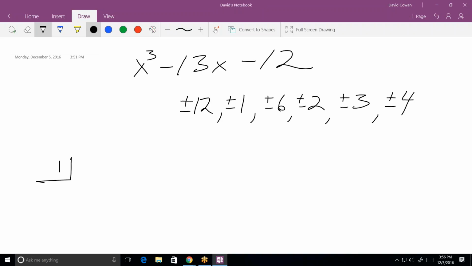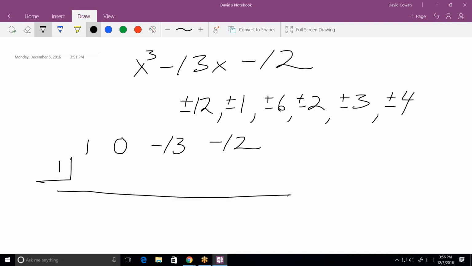The top has the coefficients, but you have to allow for every degree of x. In other words, there's a missing x squared, so we have to put a 0 for that x squared. Oh, okay. I know what you're doing. Now we have minus 13 for the x term, minus 12 for the constant.